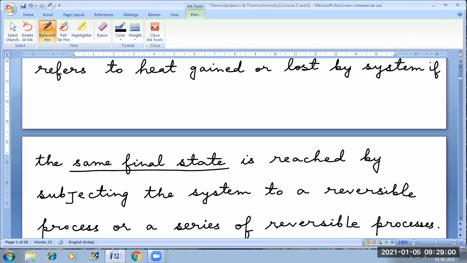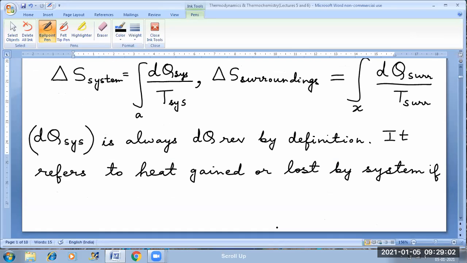So whenever I'm calculating dq system in this formula, I always need to take into account a reversible process between state A and state B. That is the mathematical definition of delta Q or dq of system.